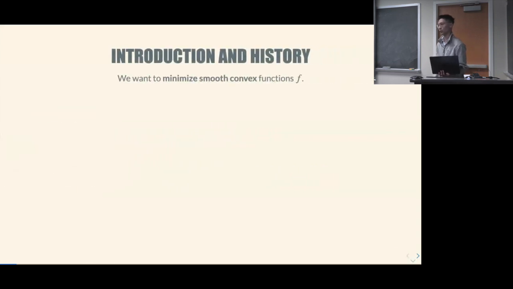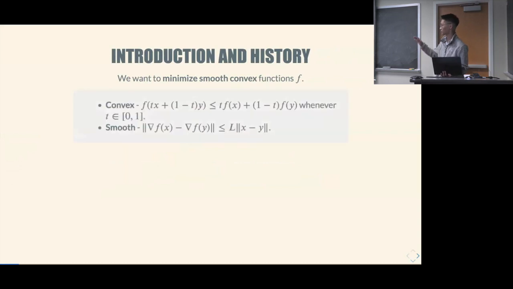Okay, so just to give you a quick overview of the kinds of problems we're going to be talking about today. So we're trying to minimize smooth convex functions. So what do I mean by a convex function? This is the inequality that defines convexity and the inequality that defines smoothness. Really, you should think of f as being some sort of bowl-shaped function whose derivative is Lipschitz. So it doesn't change too much if I change the input parameter.